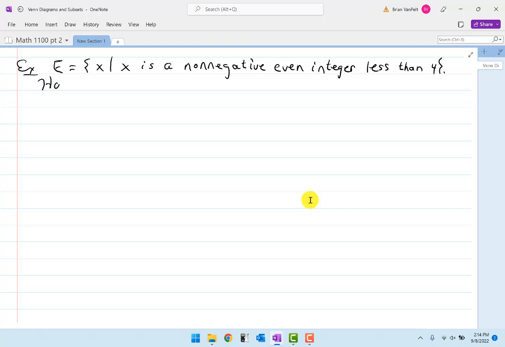How many subsets does E have? Well, first, let me get an explicit reading of what is in E. I'm talking about non-negative even integers. Well, the first non-negative even integer is 0. The next one after that is 2. And we have to be less than 4, so I have to stop there.